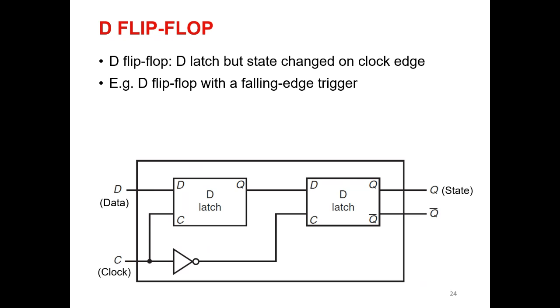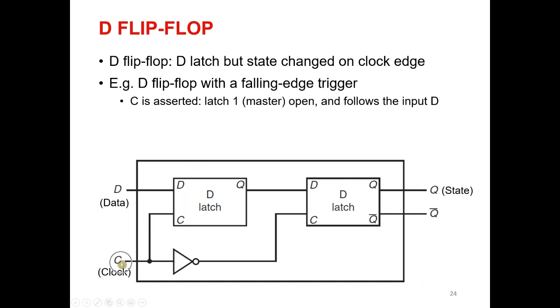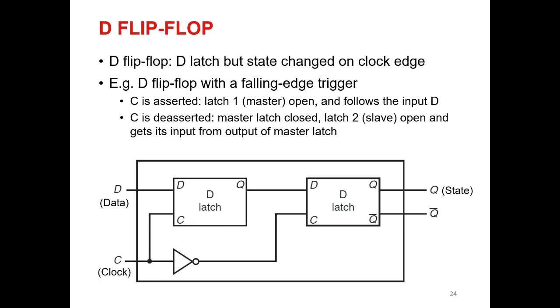If C, the clock signal, is asserted, then this latch, which we call the master latch, is open and follows the input D. If C is de-asserted, which means that C goes from 1 to 0, then the master latch is closed and the slave latch, or latch 2, is open and gets the input from the master latch.